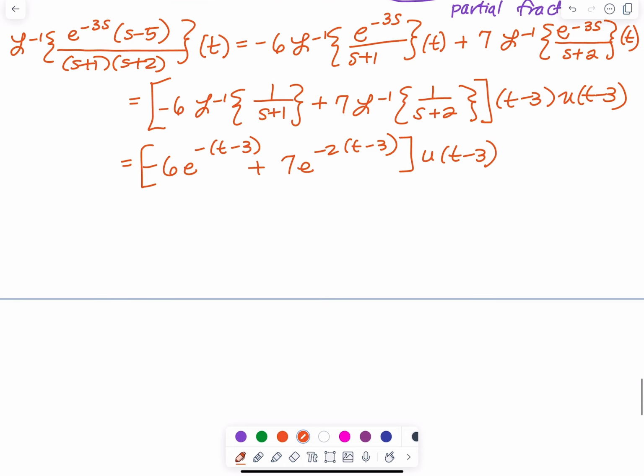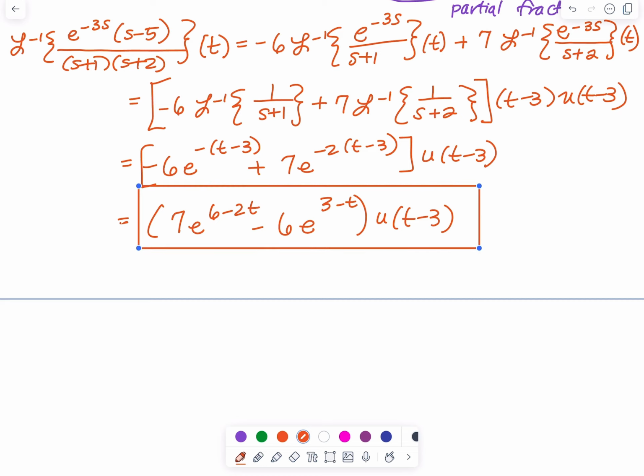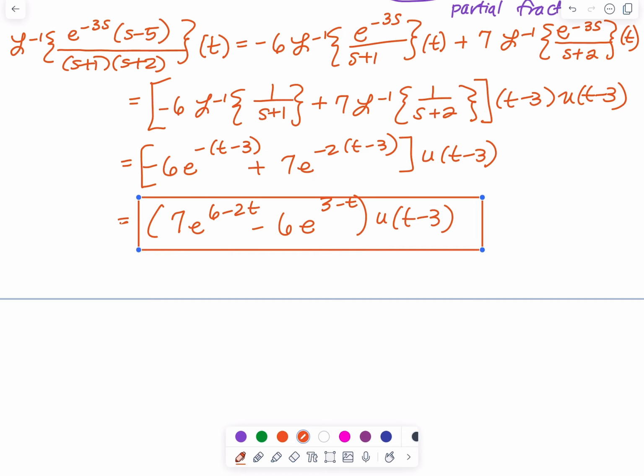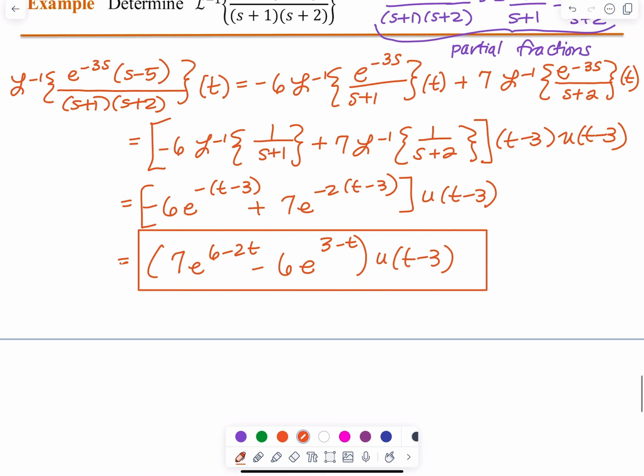We can now simplify those exponents a little bit, and we have 7e to the 6 minus 2t minus 6e to the 3 minus t, multiplied by u of t minus 3. Okay. And that concludes this lesson.